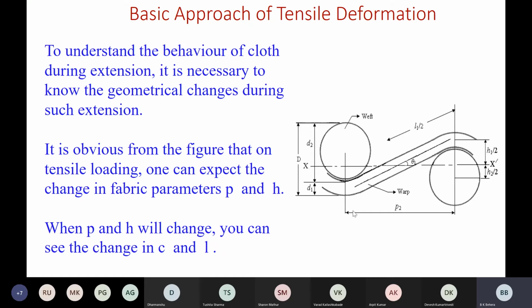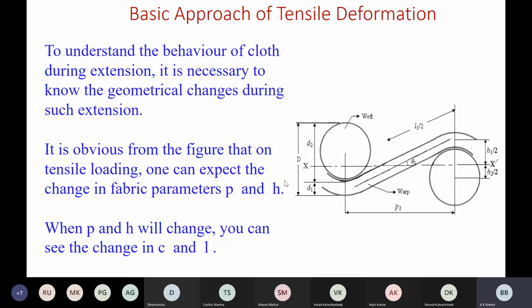If it is extended in this direction, the P value will change, and if there is a decrease in this direction, the H value will change. And also, when these P and H change, it will cause corresponding change in L and also in theta. So when P and H change, P is the dimension in the direction of loading, H is the dimension in transverse direction.